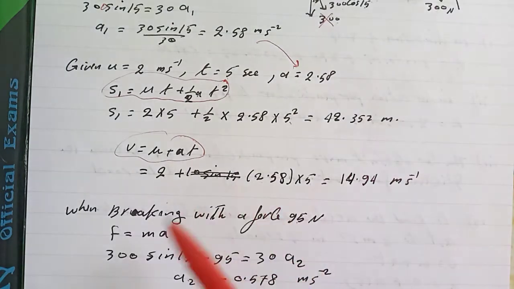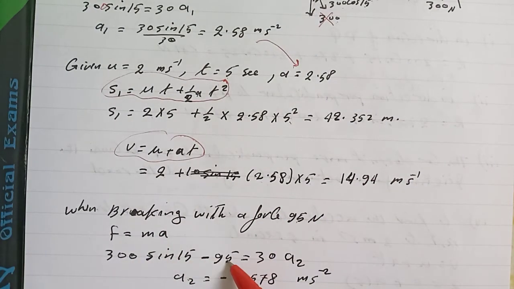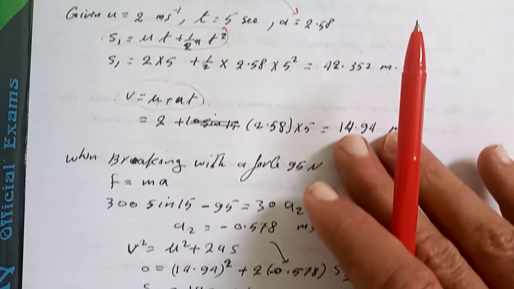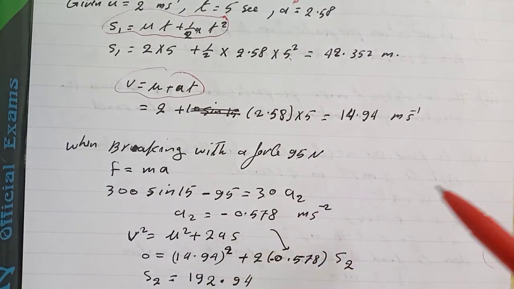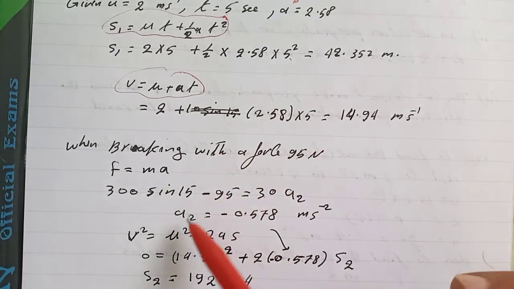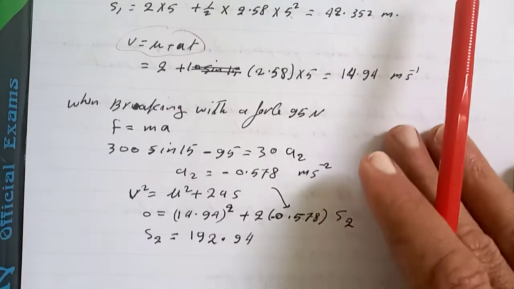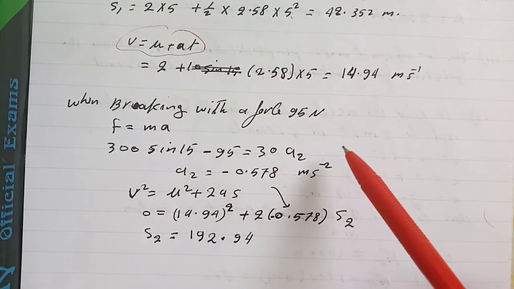So I can say that F equals ma: 300 sine 15 minus 95 equals ma, 30 times a2, which is the acceleration when she starts applying her feet until she comes to rest. So I can get a2. It is a deceleration, 0.5578.